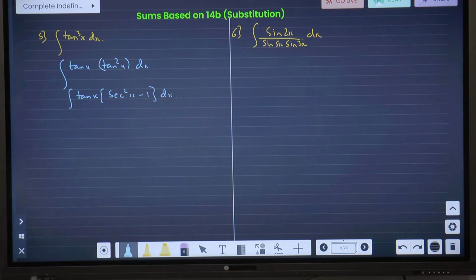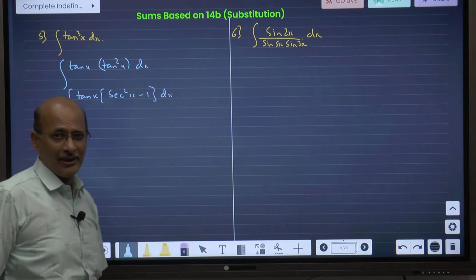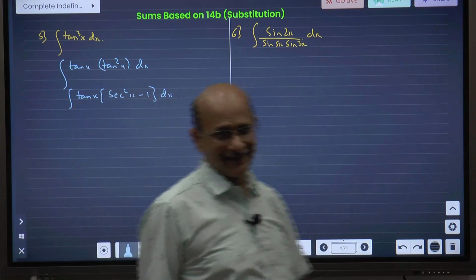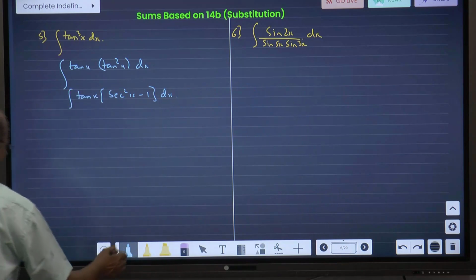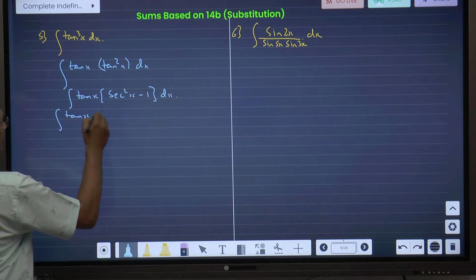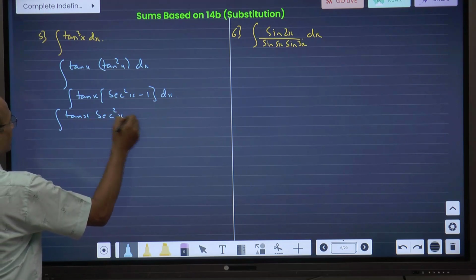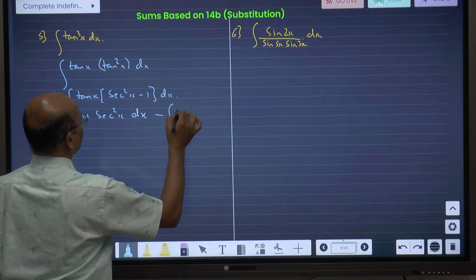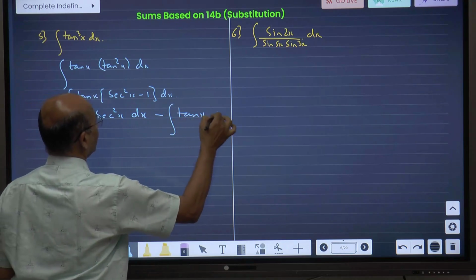So I think now the important thing is how I do it. The best way, when everything gets closed, I open the bracket, and simple basic mathematics comes to the rescue. So I'm going to place it comfortably now: sec square x dx minus tan x into 1, you can just write this separately there, tan x dx.